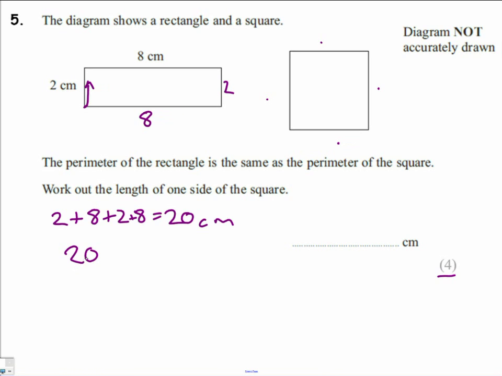So the 20 needs to be divided by 4, and that gives you 5 centimetres. Okay, so one of the sides of the square is 5 centimetres, because if I have 5 and 5 and 5 and 5, that's 5, 10, 15, 20. And that is worth 4 marks. 1 mark for the answer and 3 marks for your working out.